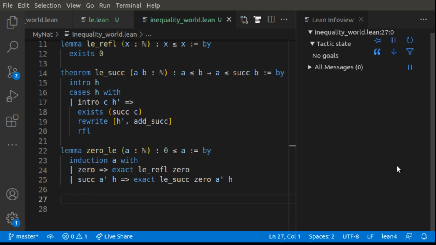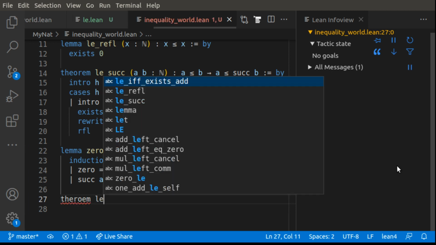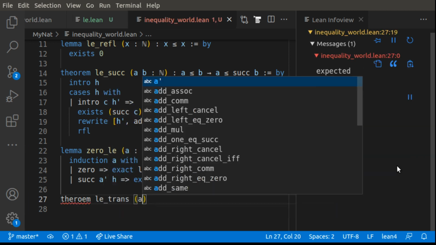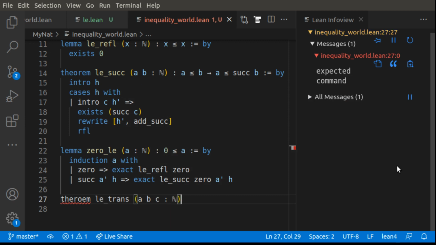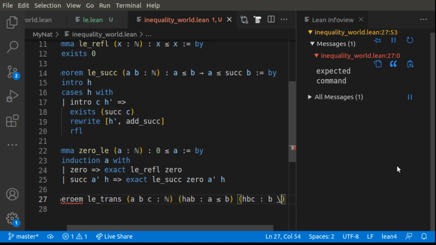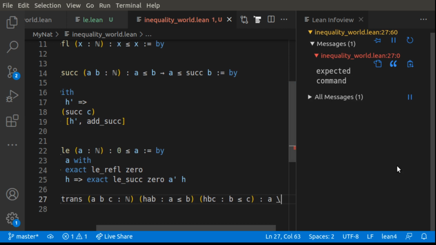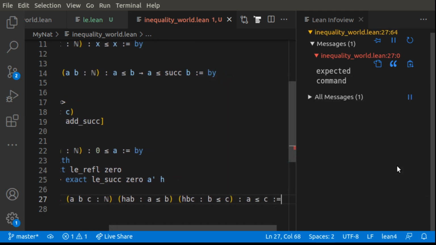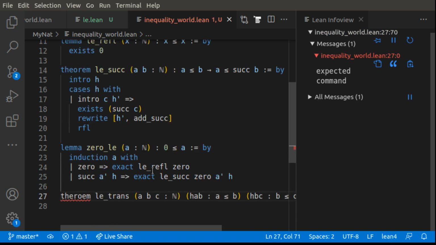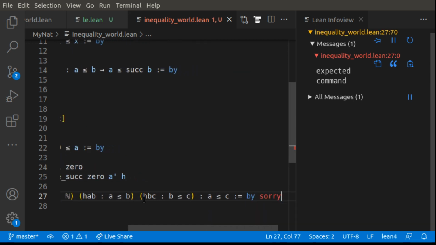Less than or equal to transitive theorem, less than or equal to transitive A, B, C, all natural numbers. HAB is defined to be A is less than or equal to B. HBC is defined to be B less than or equal to C. Want to show that A less than or equal to C. Okay, let's, sorry.